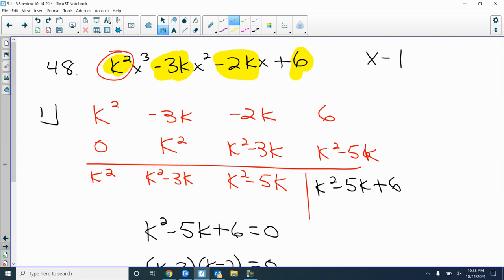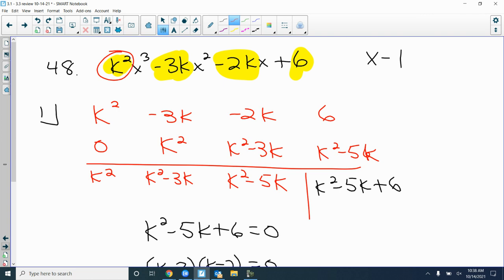Now, because it doesn't have the X cubed in there, it's a little deceiving. Here's your coefficients: K squared, -3K, -2K, and 6. We're dividing it by X minus 1, which means we put 1 in the box. Always start with a 0. K squared times 1 is K squared.